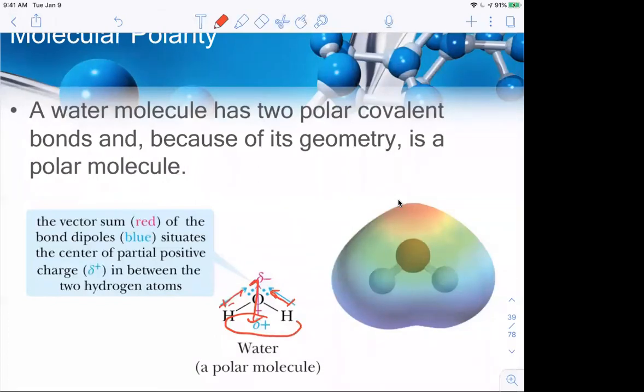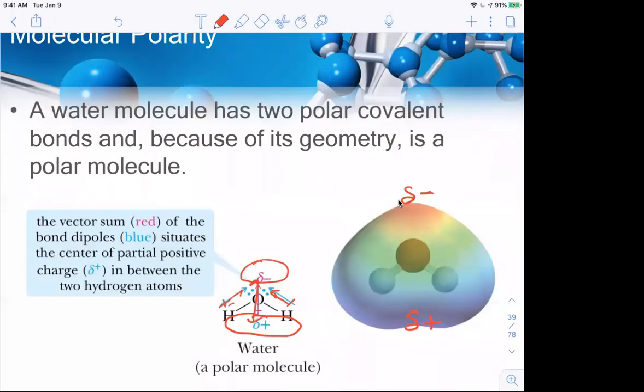This whole area is partial positive, and this whole area is partial negative. As I can see, this is the partial negative part. All of this blue is partial positive. So the molecule has a charge distribution within its electron clouds. So I know that this is a polar molecule.